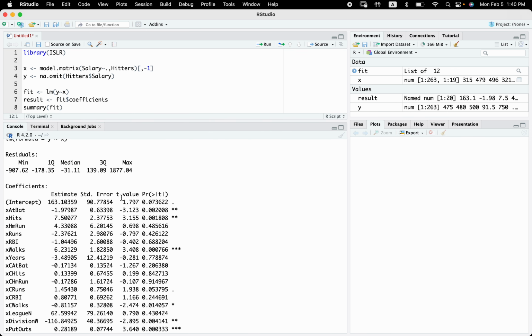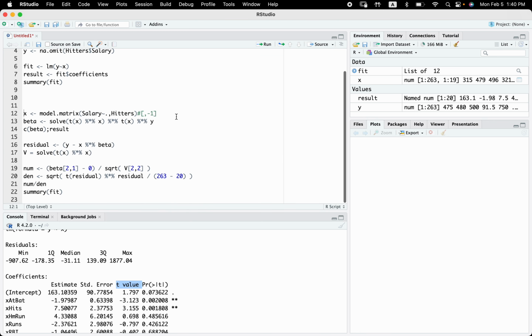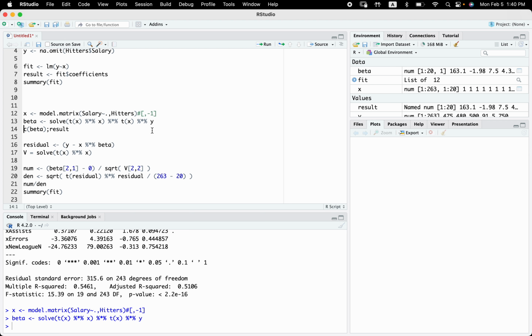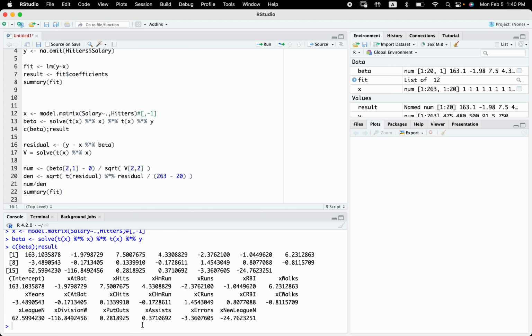So here we have the t values. And now we are just going to use the same solution that we derived. So this is X transpose X inverse X transpose y, our closed form solution for beta. And first of all, we can see that our closed form solution is exactly the same as the built-in function result that we get from R.